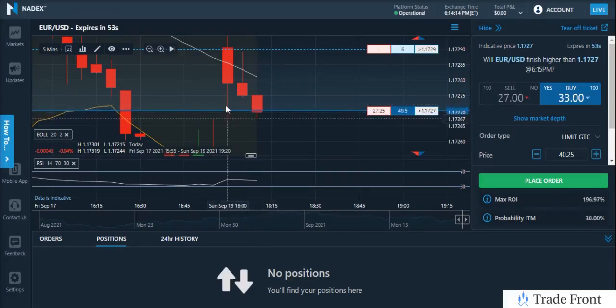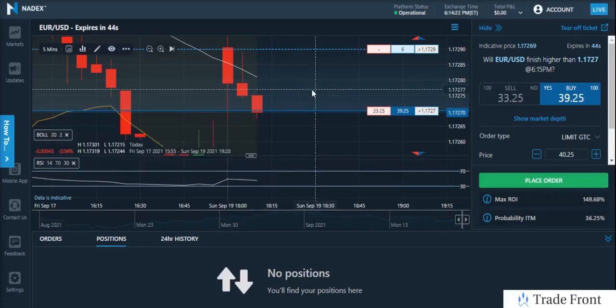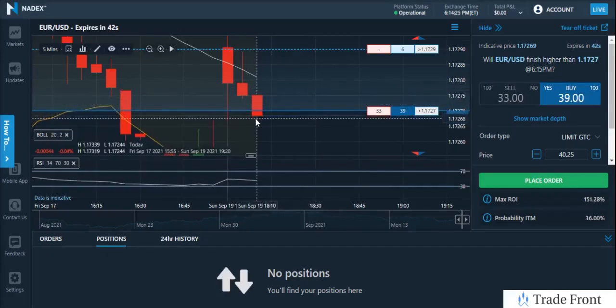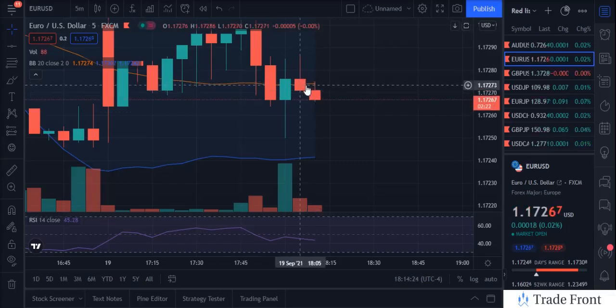These long wicks indicate that buyer pressure stepped in and pushed the price back up. And even though we are in a downward trend overall, small things like that can be used as support and resistance for the buyers to push back on the price action, in conjunction with us already being at the Bollinger Band level. Like I said there, that can add some more attention to your trade.